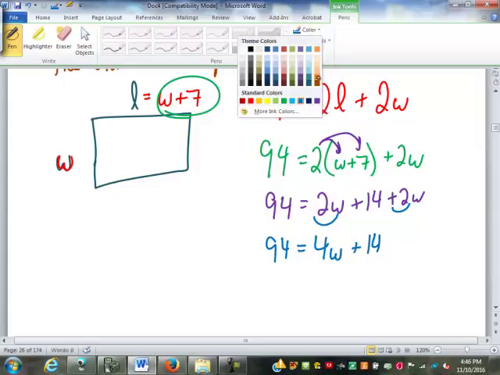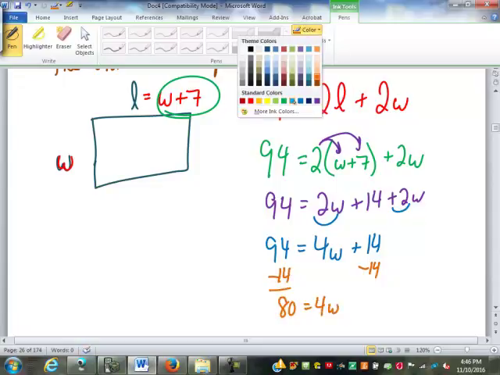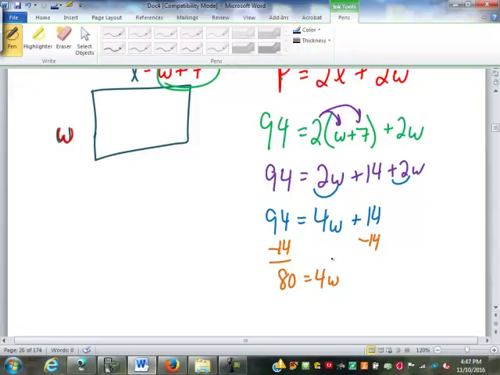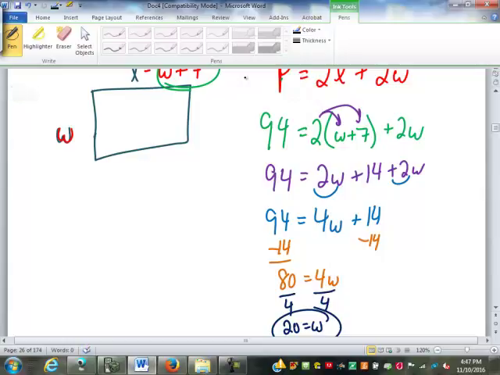And then subtract 14. 80 equals 4W. And then divide by 4. 20 equals W. What do you think? Okay.